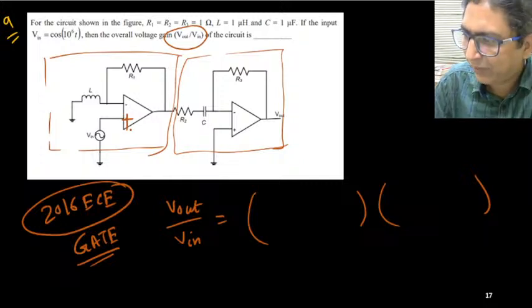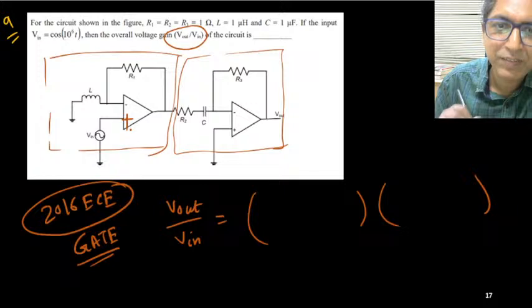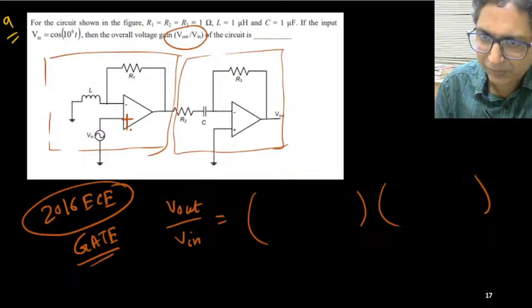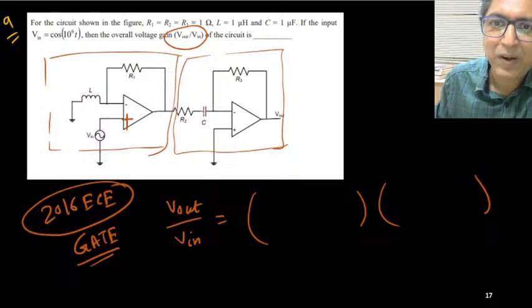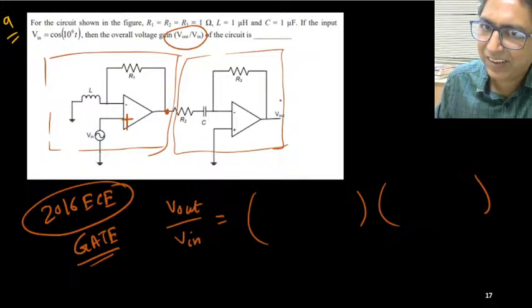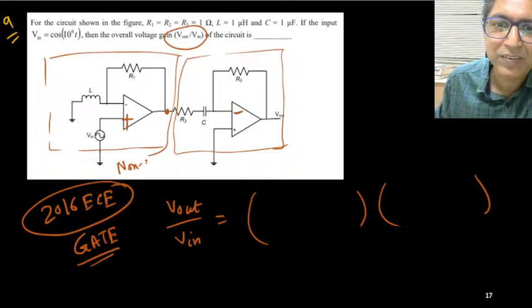That means it is a non-inverting amplifier. And the second one, its output is fed to the second stage, but that is connected to the minus terminal. It's an inverting amplifier. So this is non-inverting and this is an inverting amplifier.